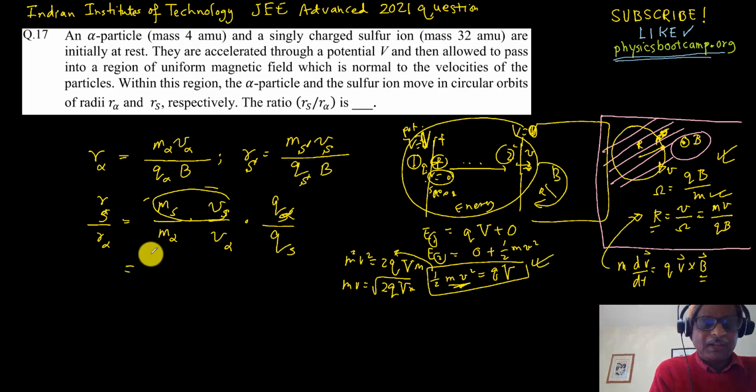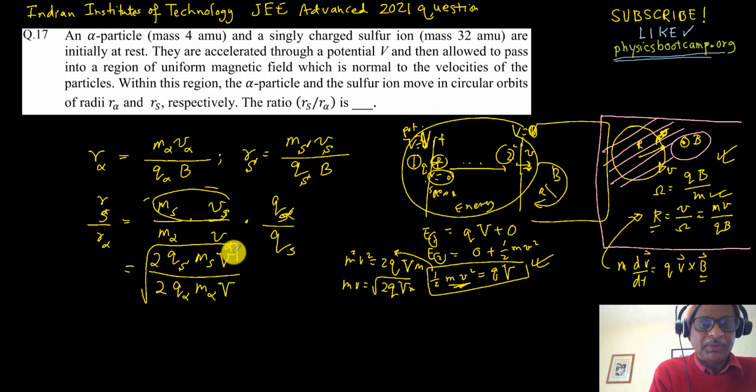So we're going to have a 2 q_S m_S potential that it went through, over q_alpha m_alpha, and the square root of this whole thing, and the V got cancelled out, and q_alpha over q_S outside. You can see the 2 got cancelled out, and this is twice as much as that, so this is 2 and this is 1.